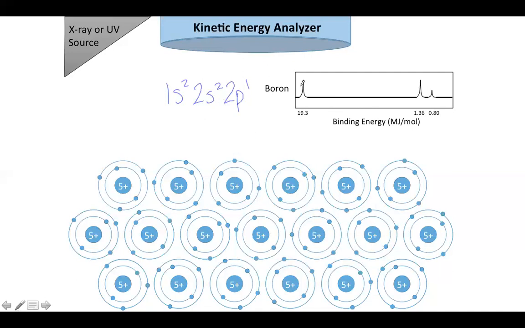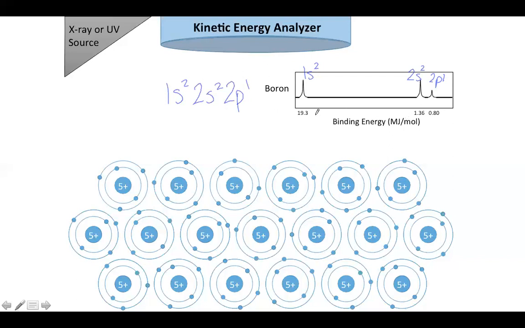So this peak here, listed as 19.3, is our 1s2 sublevel, or 1s sublevel with 2 electrons in it. This second peak then is going to be the 2s2, and this third one is going to be the 2p1. And you'll notice too, these peaks are pretty close to one another in energy values because they're both in the same principal energy level. They're both in principal energy level 2.